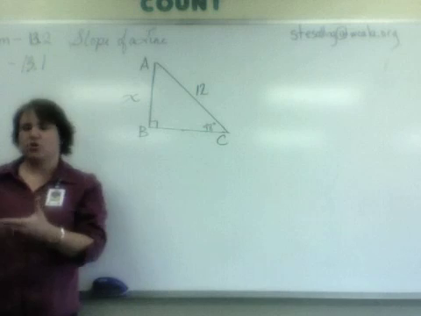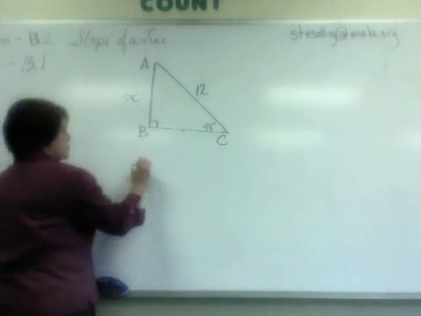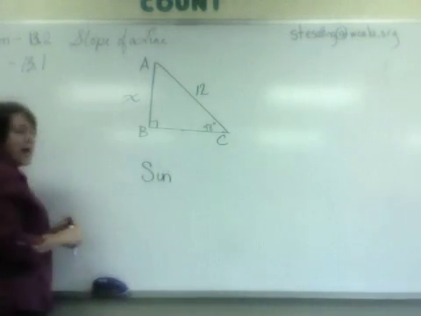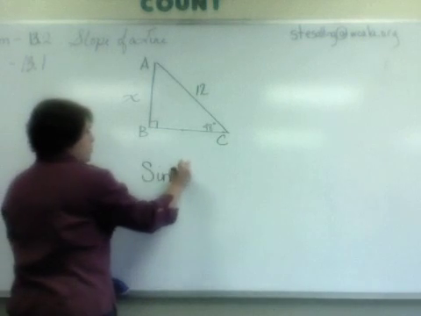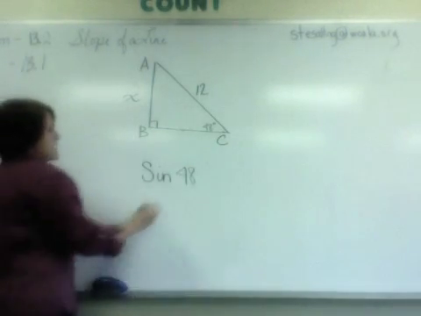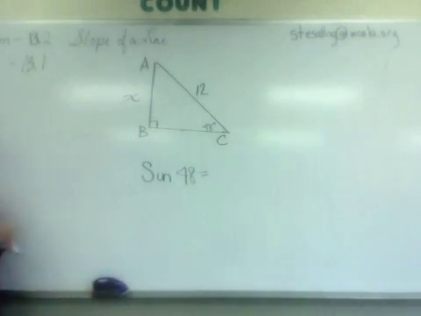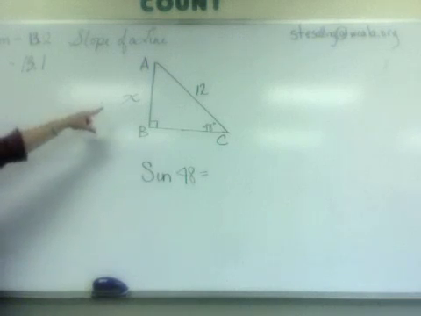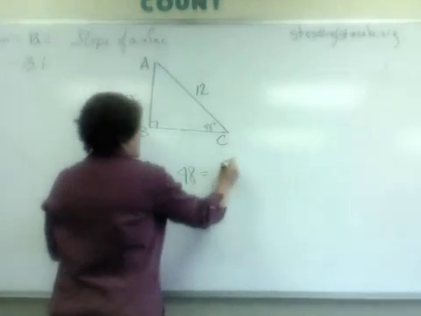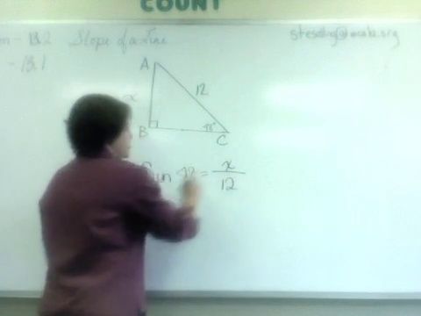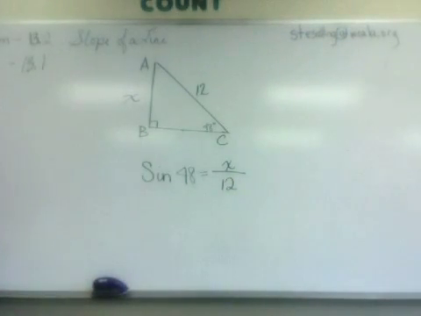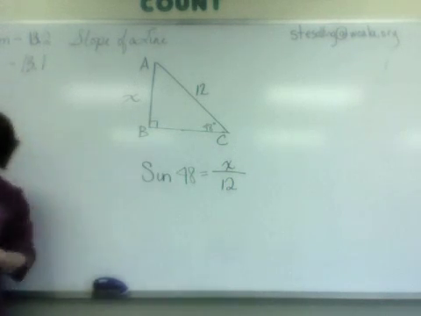Sine. So I can use my sine function because the sine of my angle, which now I know is 48 degrees, is equal to the opposite leg, which is designated X, divided by the hypotenuse. Does everybody see how that works?